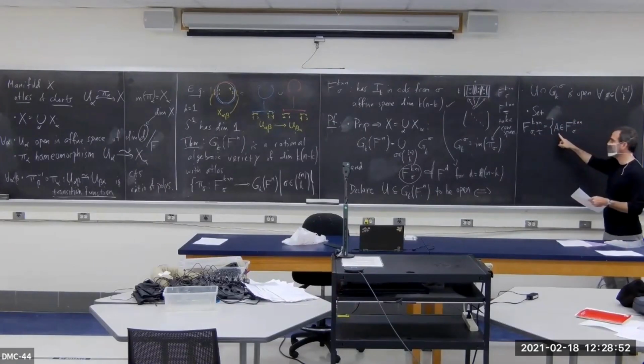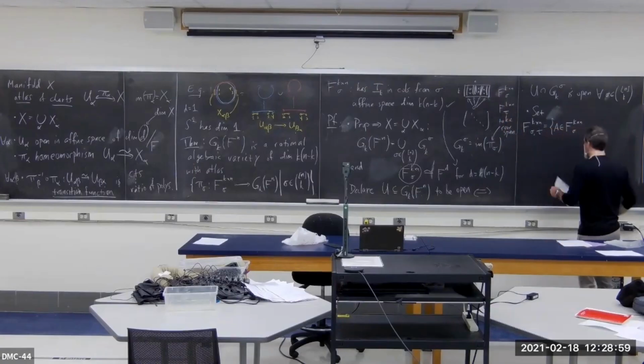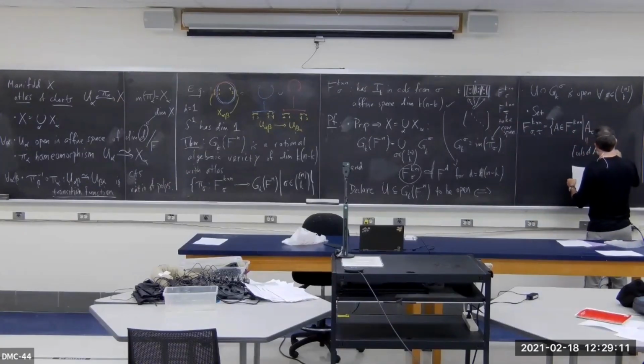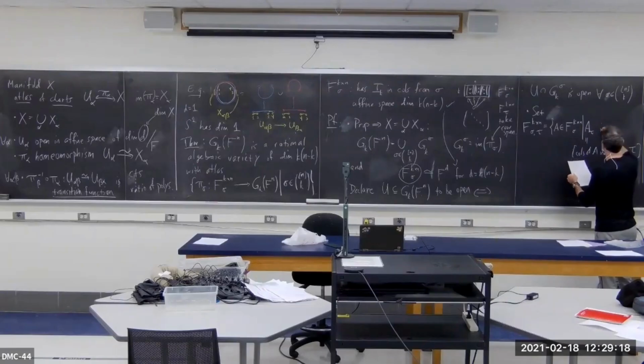Remember, that means that A has an identity block in the columns from sigma. But now I also want that A tau, which is the columns of A indexed by tau, to be invertible.